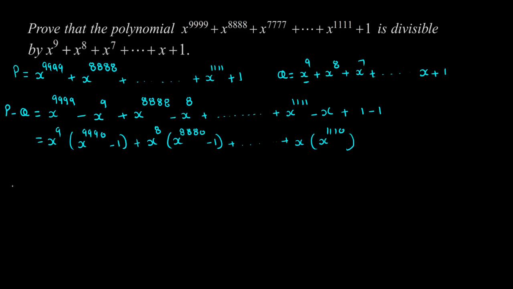Now we use an identity, that is x raised to power n minus 1 equals x minus 1 times x raised to power n minus 1 plus x raised to power n minus 2 plus and so on plus x plus 1.